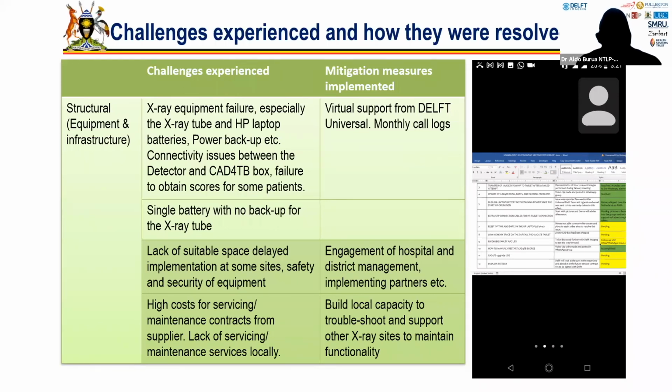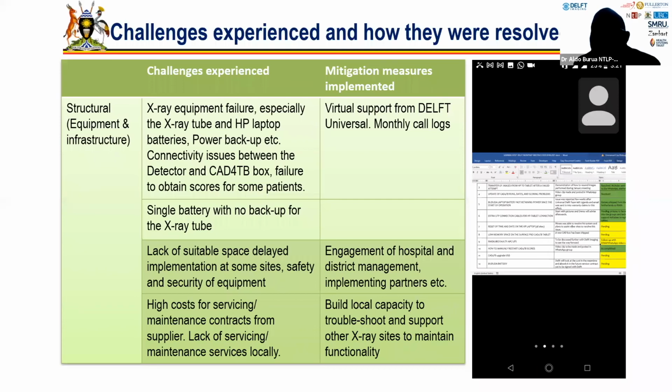Then there are connectivity issues between the detector and the CAD4TB box, which leads to failure to obtain scores for some patients. These are some of the challenges with operations of the equipment, and we've tried to address these challenges through virtual support from Delft Imaging. We normally have monthly meetings to do troubleshooting and address some of these gaps.